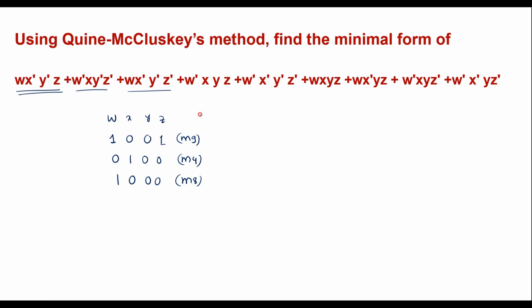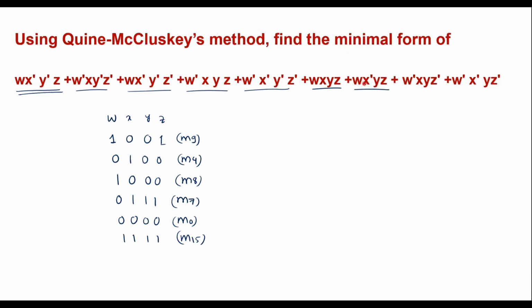Next we have W bar X, Y, Z, that is 0, 1, 1, 1, which is M7. Then W bar X bar, Y bar, Z bar, that is 0, 0, 0, 0, which is M0. WXYZ is 1, 1, 1, 1, which is M15.